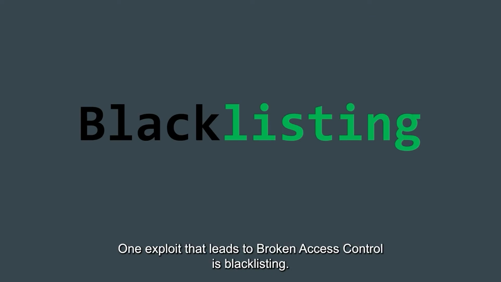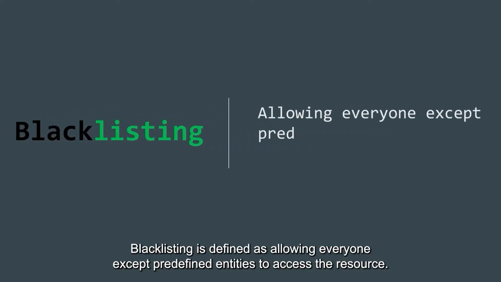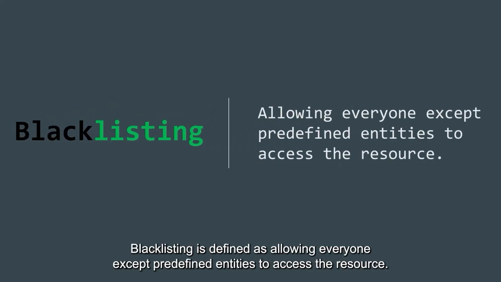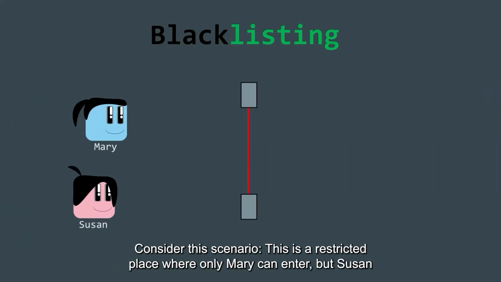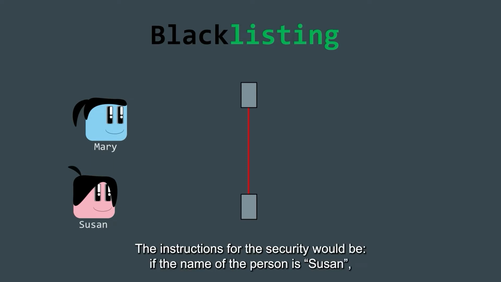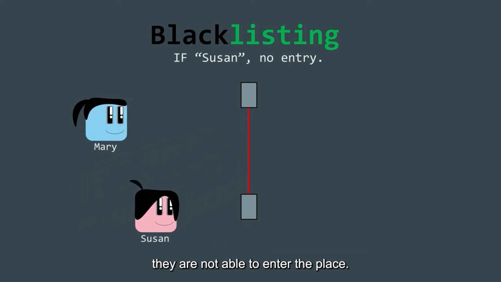One exploit that leads to broken access control is blacklisting. Blacklisting is defined as allowing everyone except predefined entities to access the resource. Consider this scenario: this is a restricted place where only Mary can enter, but Susan cannot. The instructions for the security would be, if the name of the person is Susan, they are not able to enter the place.